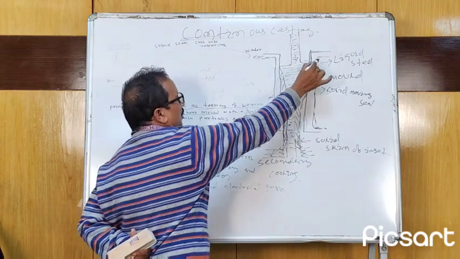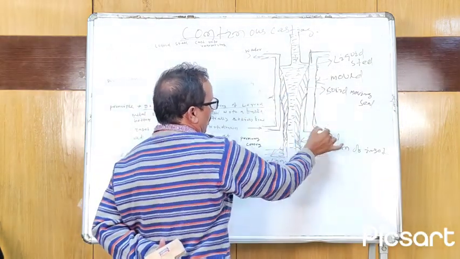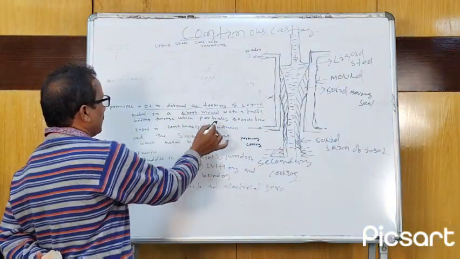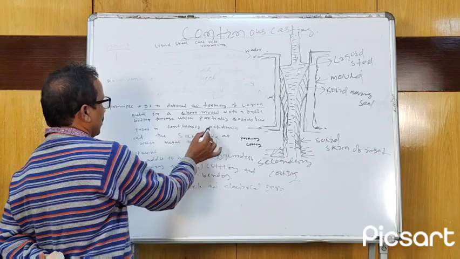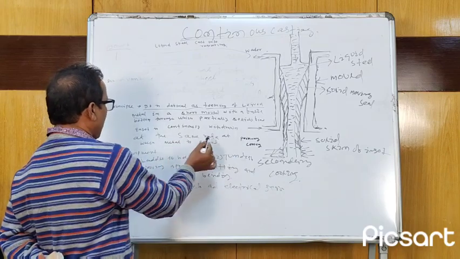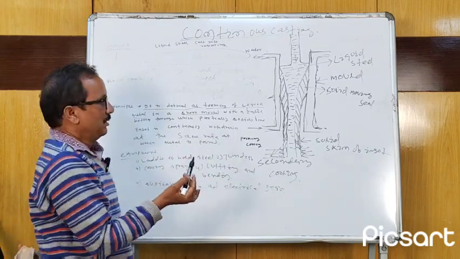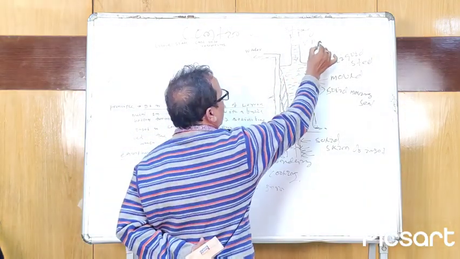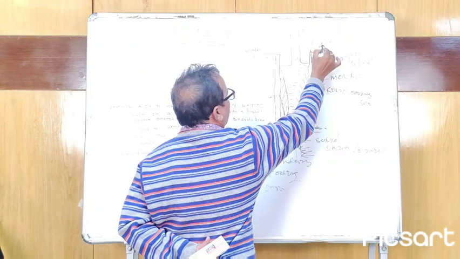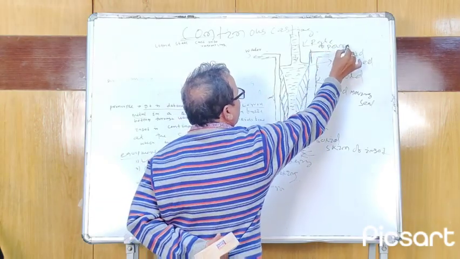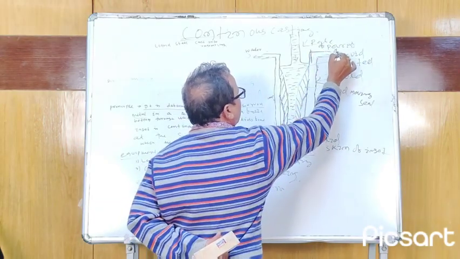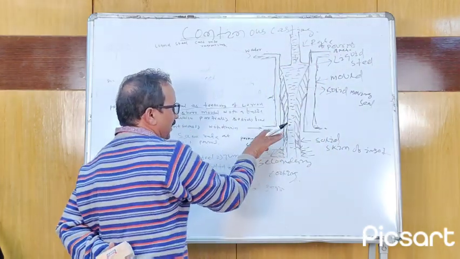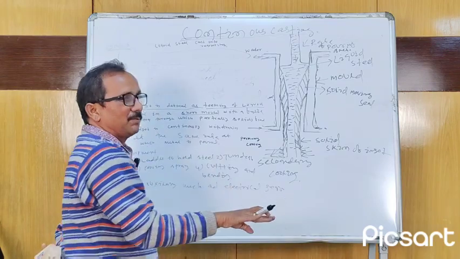With a false bottom, the partially solidified ingot is continuously withdrawn at the same rate at which metal is poured. So the rate of pouring of metal is equal to the rate of withdrawal of the metal.